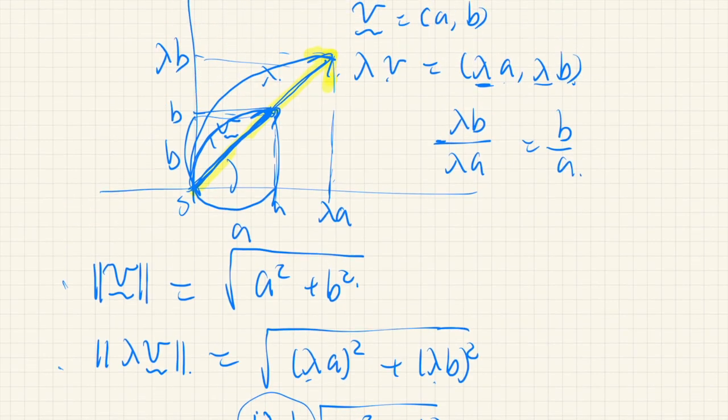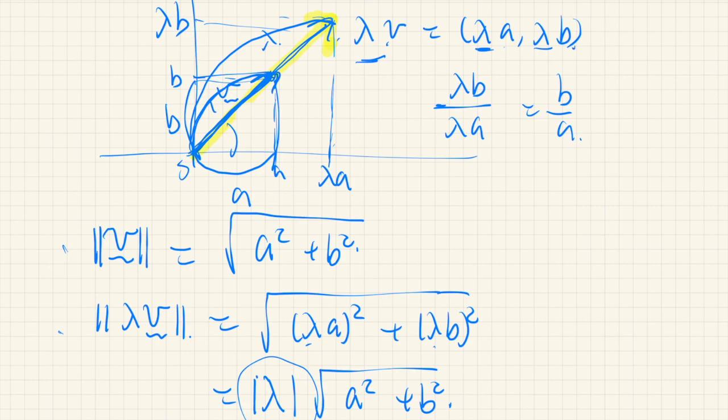And of course, when lambda is negative, the direction becomes opposite. But the angle doesn't change, so it's the same angle, just the opposite direction, 180 degrees opposite.